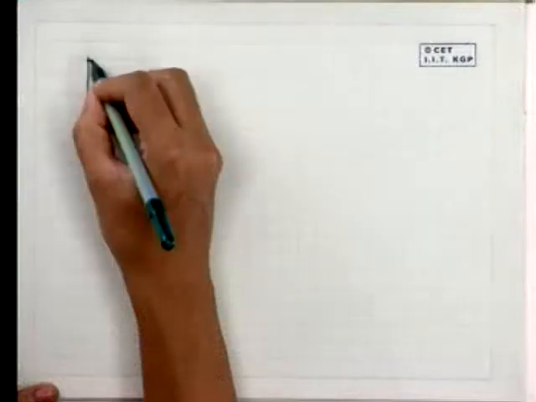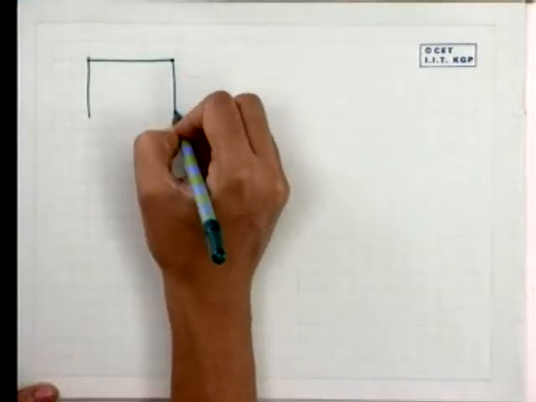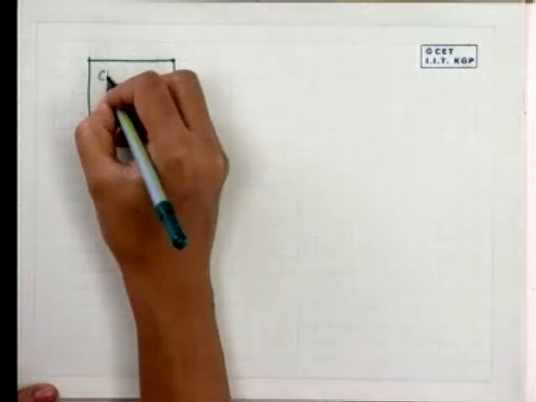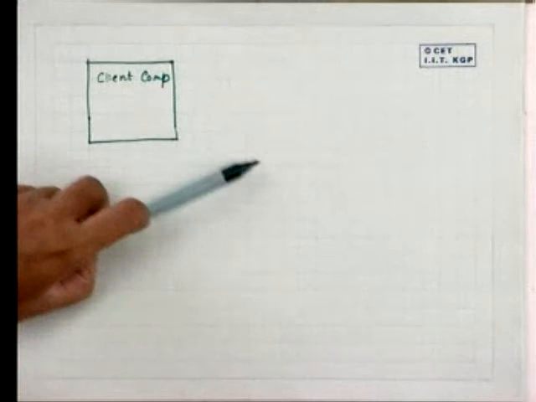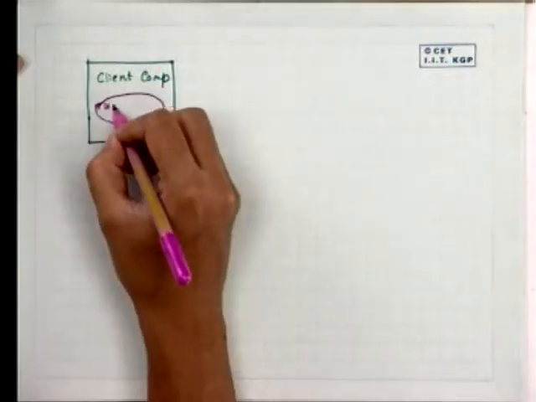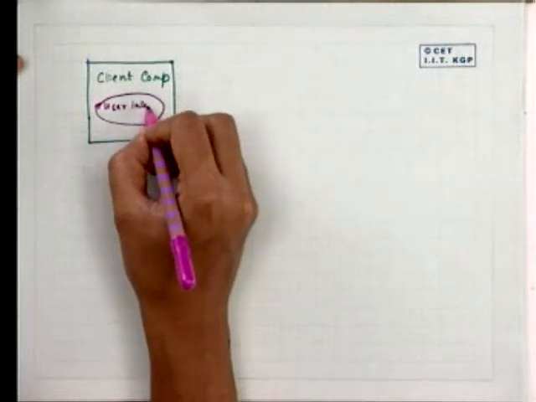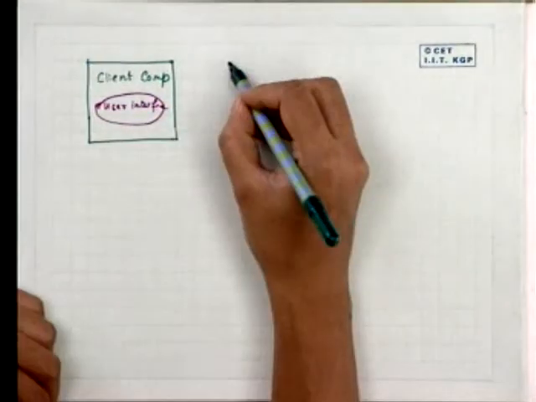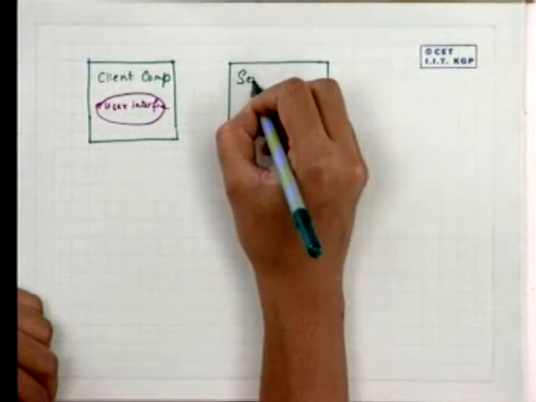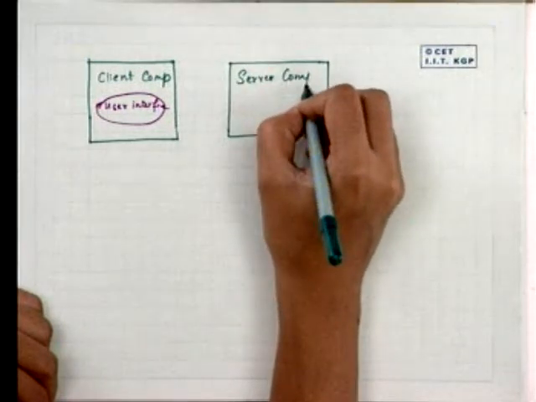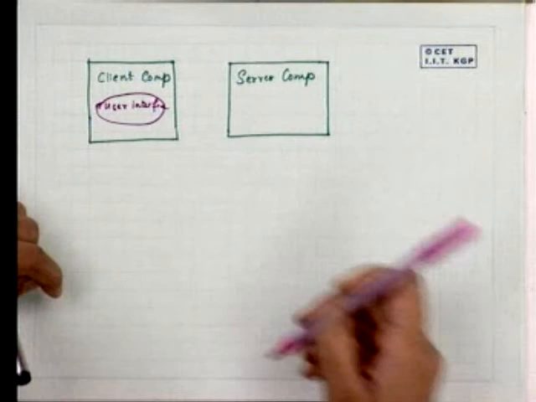Now, let us look at an example of the three-tier configuration. We will have three tiers. The first tier is the client computer, which provides the user interface. Secondly, we have the server computer, which provides the computational function.